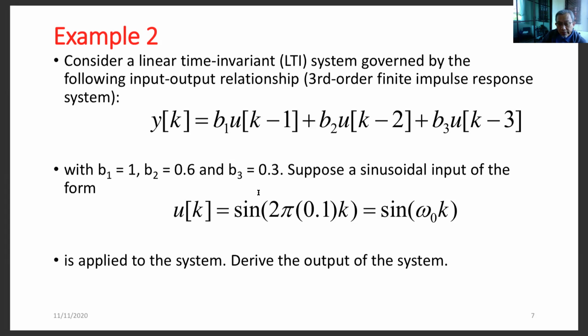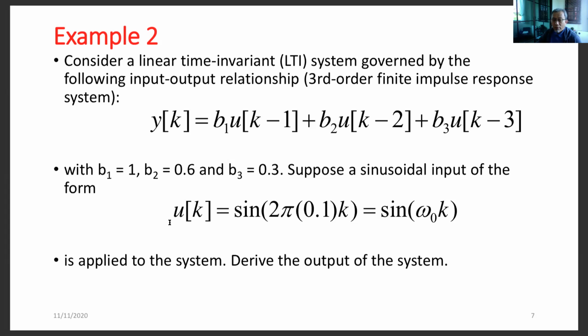We consider a sinusoidal signal as the input. So u is the input, y is the output, and b1, b2, and b3 are the coefficients given as 1, 0.6, and 0.3.